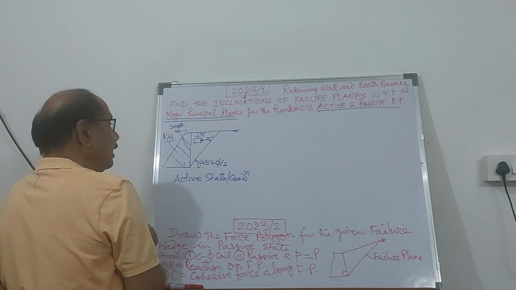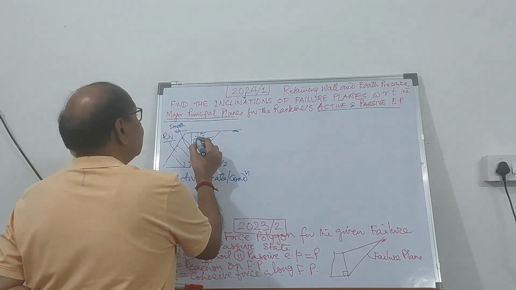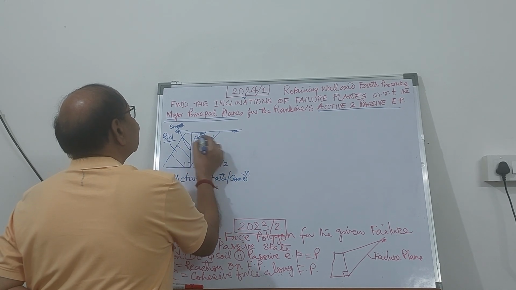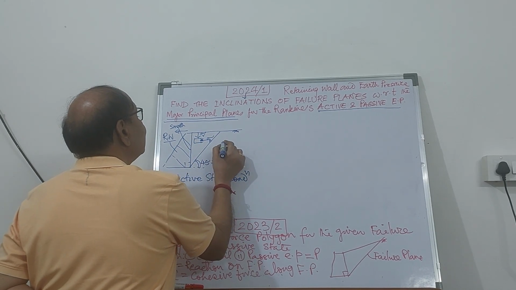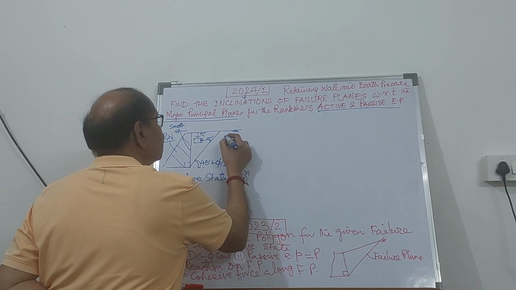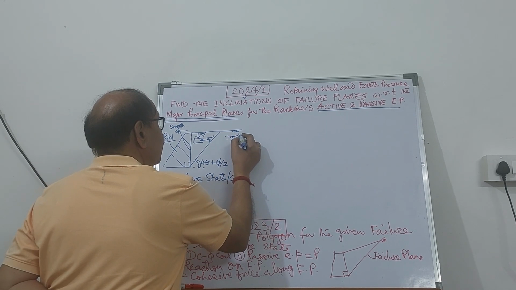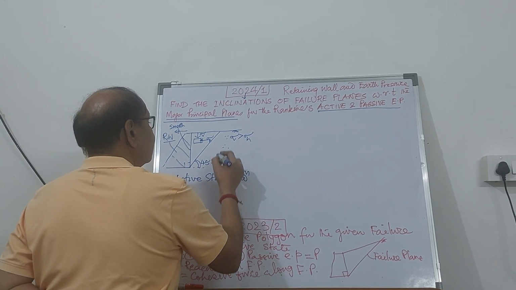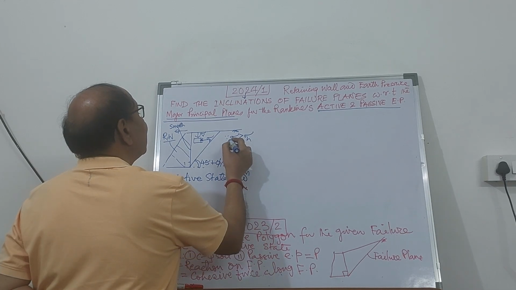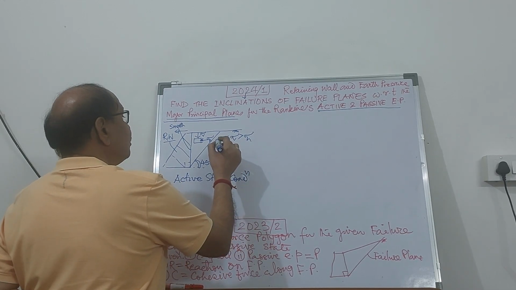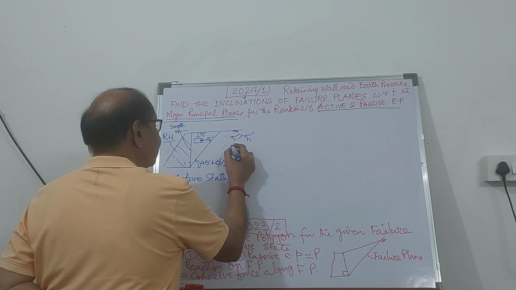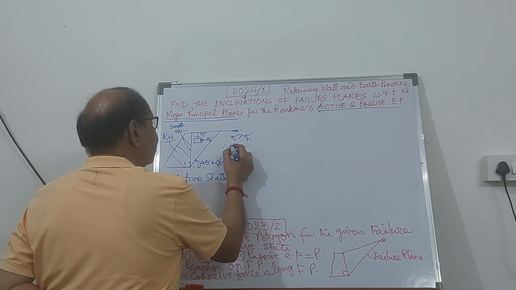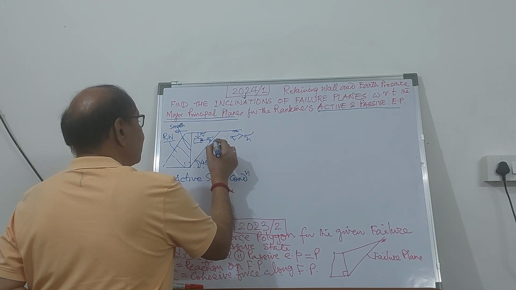So what is the condition here? The vertical pressure is greater than the horizontal pressure, therefore sigma v is the major principal stress, and this horizontal plane will be the major principal plane.